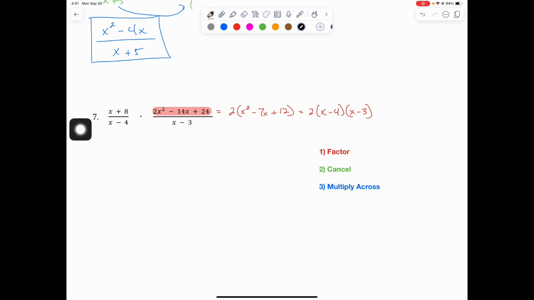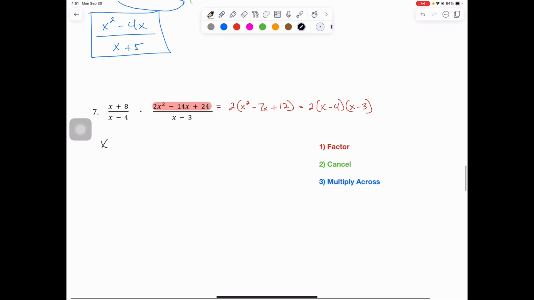All right, everything else we're just going to rewrite. So x plus 8 over x minus 4 times 2, open parenthesis x minus 4, open parenthesis x minus 3, close it. Set that over our x minus 3, that's there.